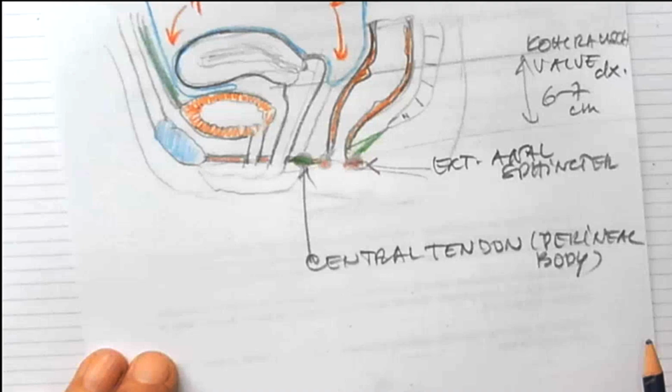What else? We have also the bony parts. This is the sacrum and coccyx. That ligament, we said it several times, this is the anococcygeal ligament. Here is that posterior vaginal fornix.